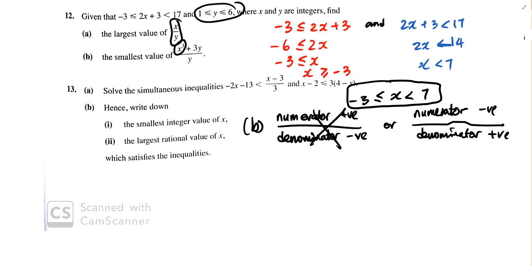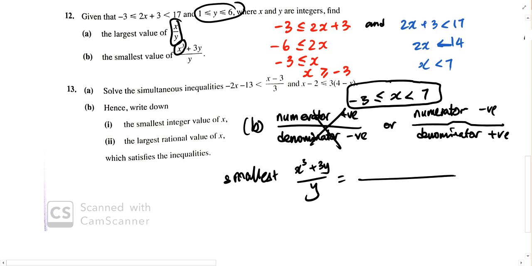Now I want a very negative number, and that occurs when my numerator is very big, denominator is very small. Keeping in mind that the fraction is still negative. So what is the smallest possible denominator? The smallest possible denominator in this case will be 1. Then when y is equal to 1, we've got plus 3 times 1.